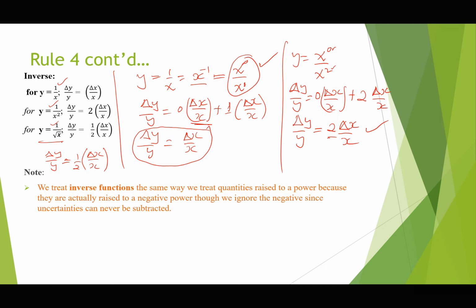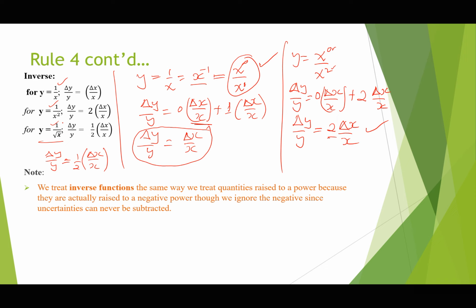So if y is equal to 1 over root x, the fractional or percentage uncertainty is the same as for y equals square root of x.